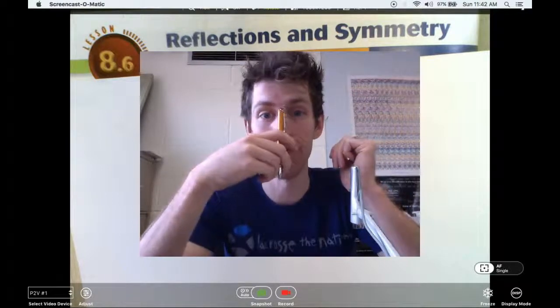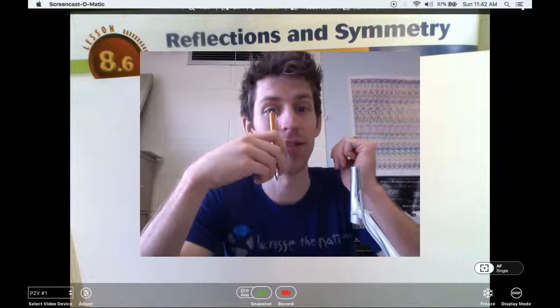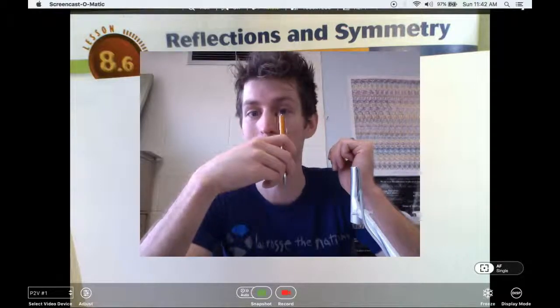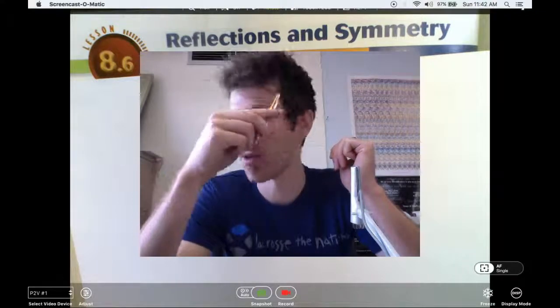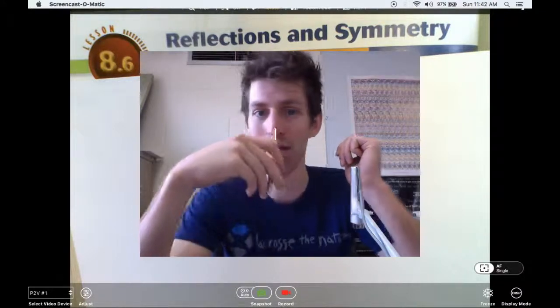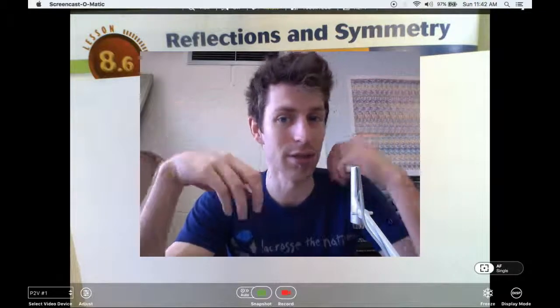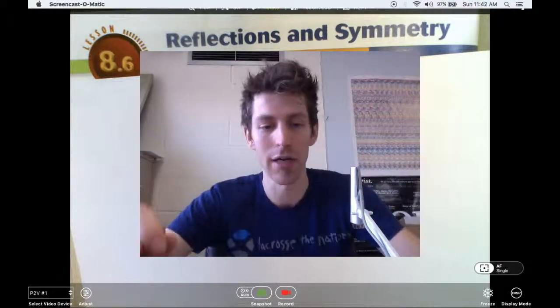So my pupil in this eye is the same distance from the line of symmetry as my pupil in this eye. And every point on this side is the same distance away from the line of symmetry as the points on this side. Now my hair kind of throws this off, but whatever.